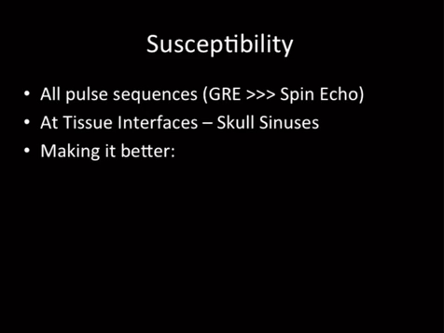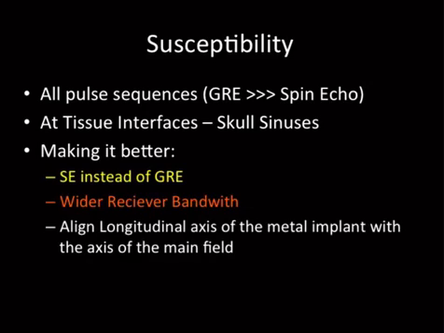And a way to make it better is, if you have the choice, use a spin echo sequence instead of gradient echo. You can use a wider receiver bandwidth. That's something you often see people try. And then you can attempt to align the longitudinal axis of the metal implant with the axis of the magnetic field. I think that's a little tricky. These are the two I would remember.